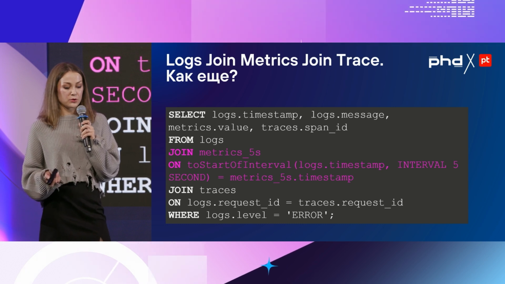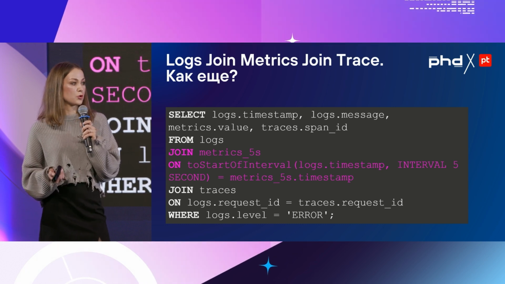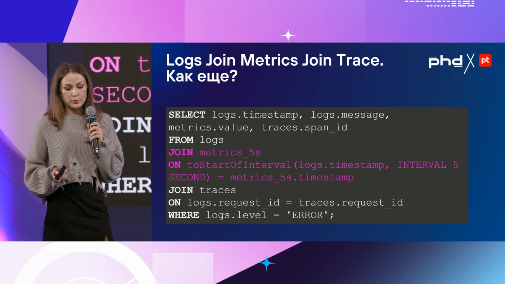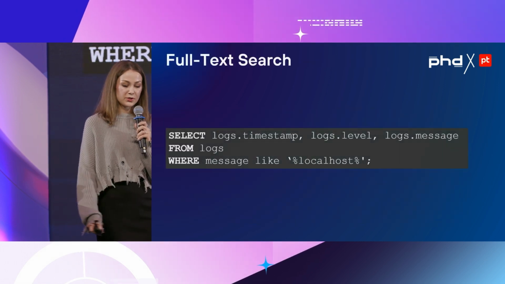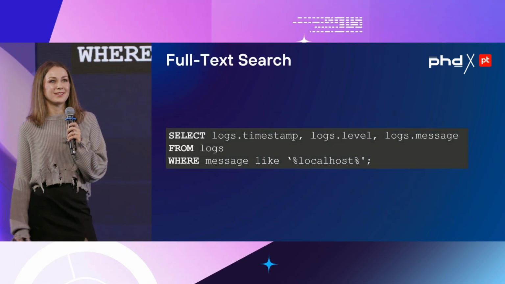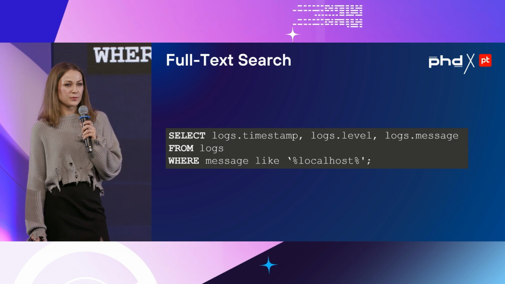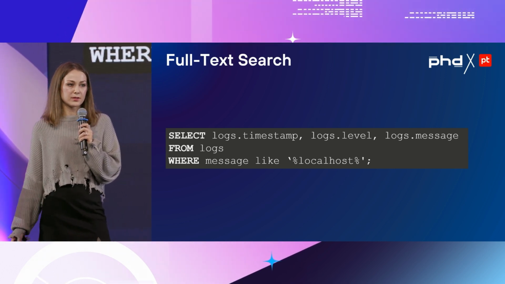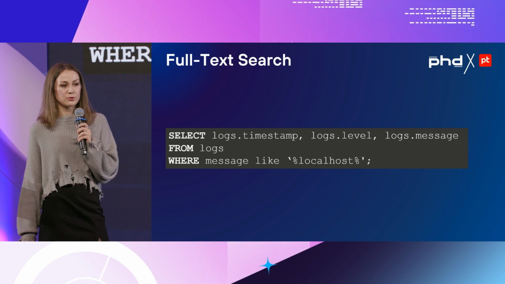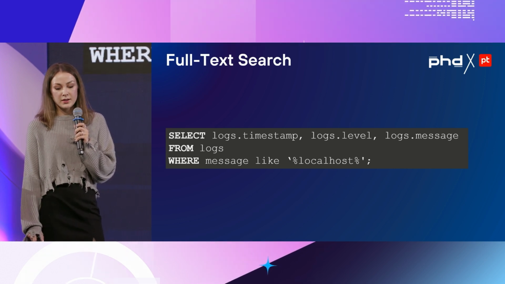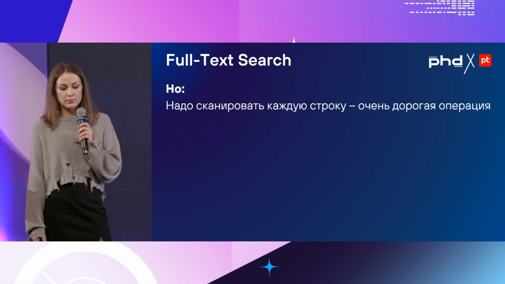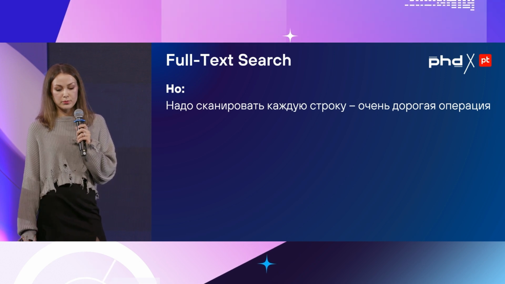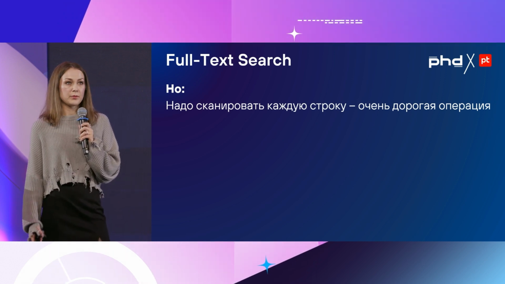But we create this materialized view, and the only thing we'll have to do is to join according to the strict inequality. And after some time, we are saying we want to find something in the messages, and we launch this, and we find something.